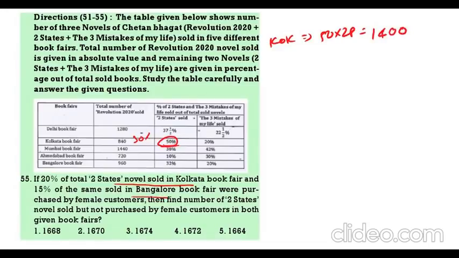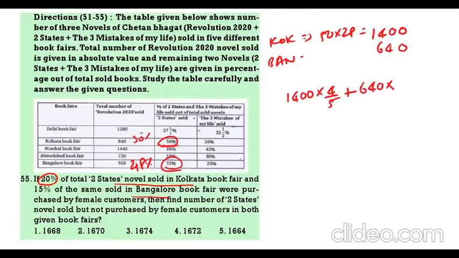Now take Bangalore. 48% is 960. Now, 32% is how much? 640. Now, in Kolkata, 20% is purchased by females. That means how many are not purchased? 80%. 80% means 4 by 5. In Bangalore, 640.